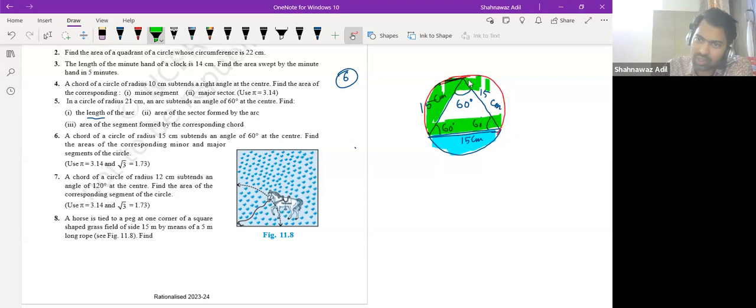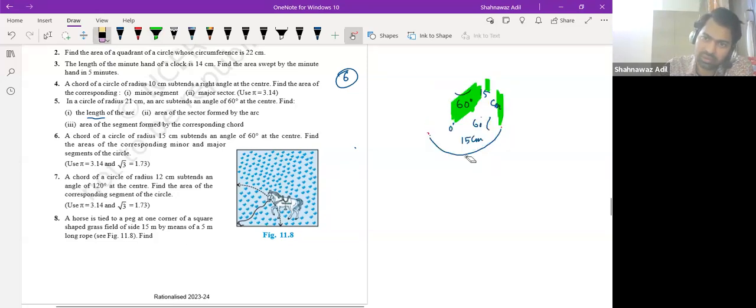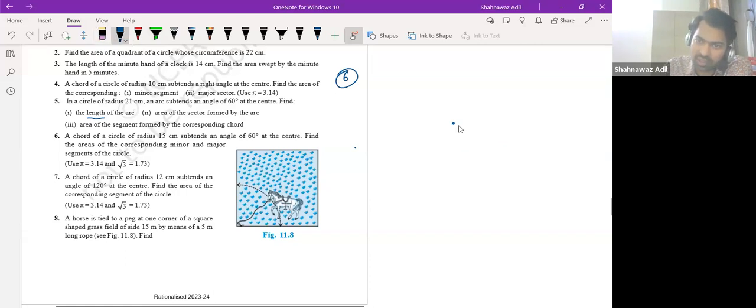So the green one and the, this is the sector, right? And this would be the circle, right?